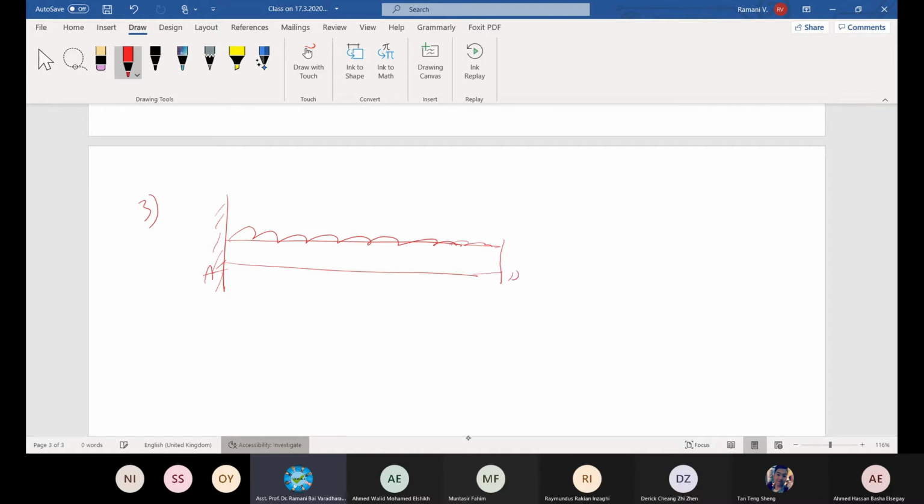The UDL is 10 Newton per meter, and then it is divided at point B and point C, and the distances are also marked here. I take the same values so that you can compare the answer.